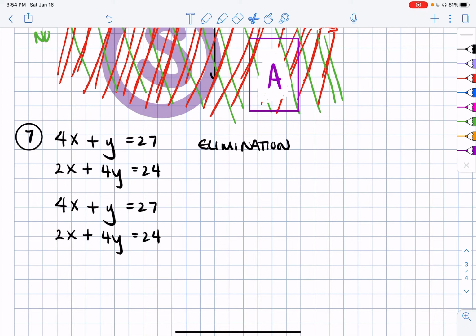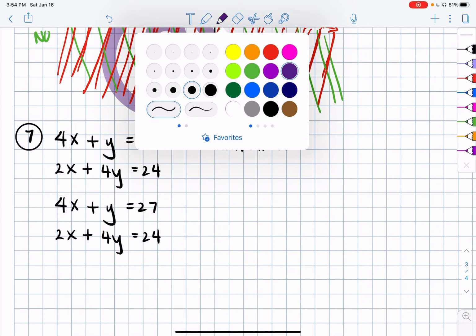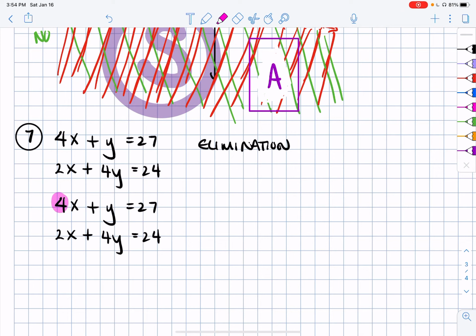If I was to get rid of x, I got to look at the coefficients. I got a positive 4 and a positive 2. So I got to make one positive and one negative, and then whatever I can make both of them be. So I can make 2 a negative 4, and that would eliminate the positive 4.